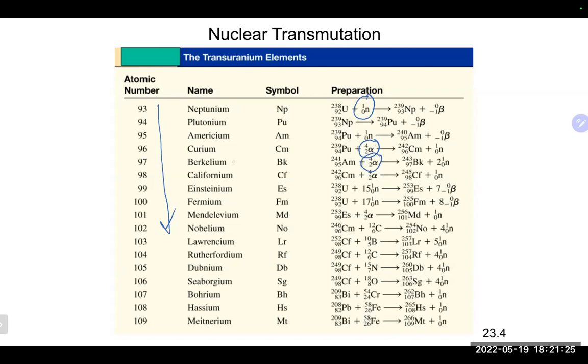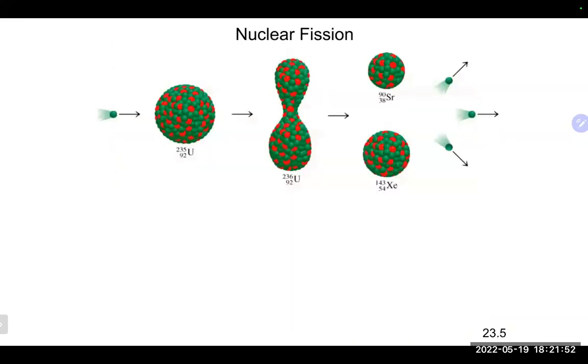That's how we get all of our fun man-made ones like californium, einsteinium, berkelium, nobelium. So we take these guys, shoot a particle at them, and then they will form these new guys. As you can also see, since we are changing what's inside the nucleus in terms of protons and neutrons, they do release some of these particles along the way. Those are usually your bottom row there on the periodic table.